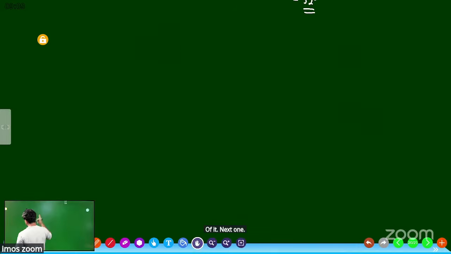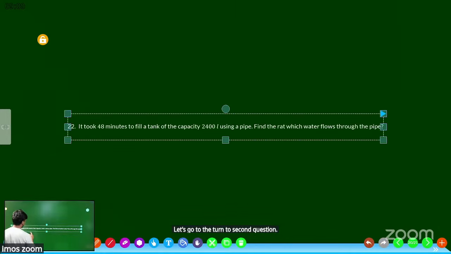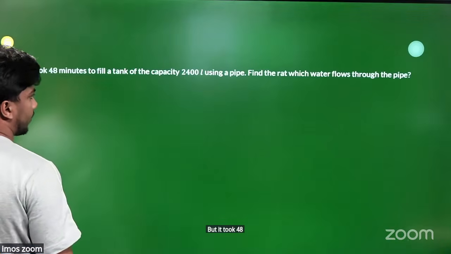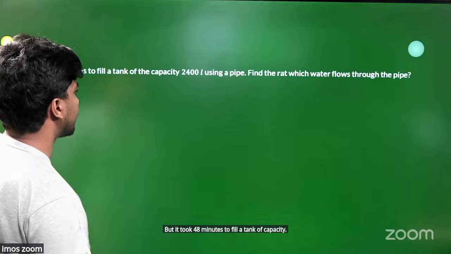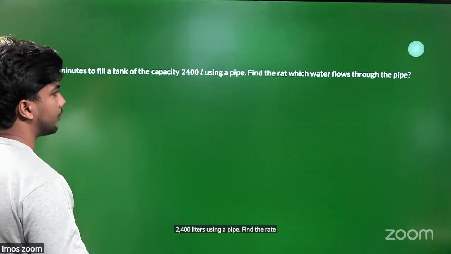Let's go to the 22nd question. It took 48 minutes to fill a tank of capacity 2,400 liters using a pipe. Find the rate at which the water flows through the pipe.